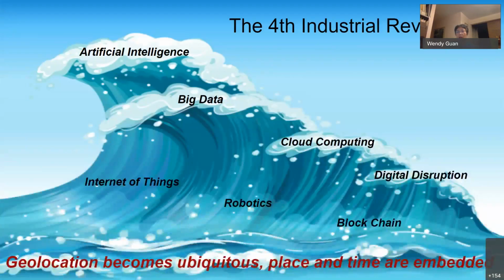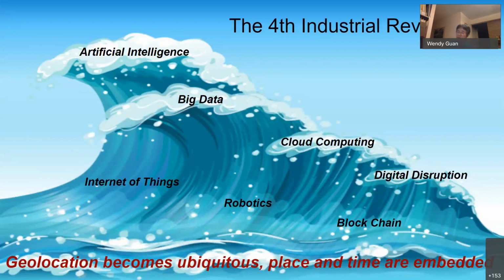So why do we do GIS? I think probably most of you understand that we are in the midst of the fourth industrial revolution. There's a surging tide with what someone summarized as ABCD. A as artificial intelligence, B as big data, C as cloud computing, and D as digital disruption.